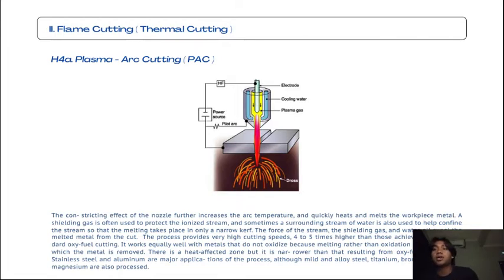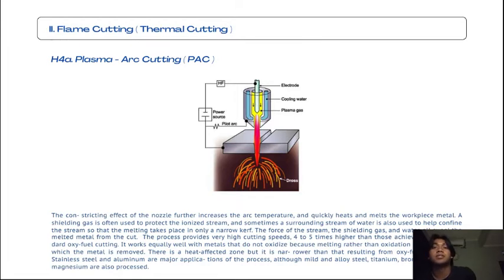A shielding gas is often used to protect the ionized stream. Sometimes a surrounding stream of water is also used to help confine the stream so that the melting takes place only in a narrow curve. So the force of the stream, the shielding gas and water all expel the metal from the cut.